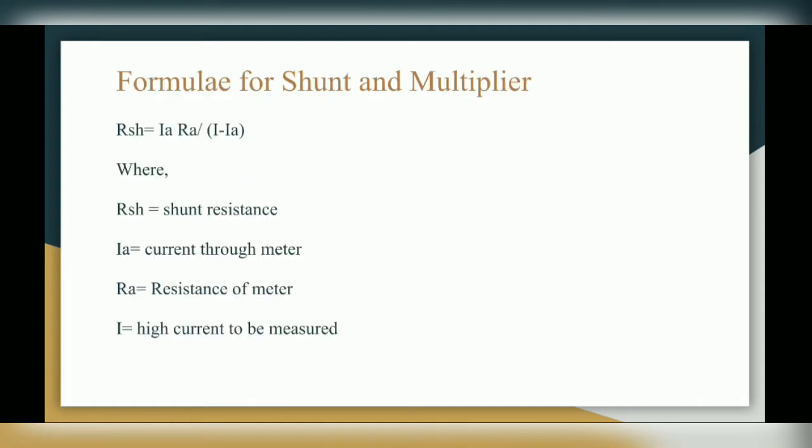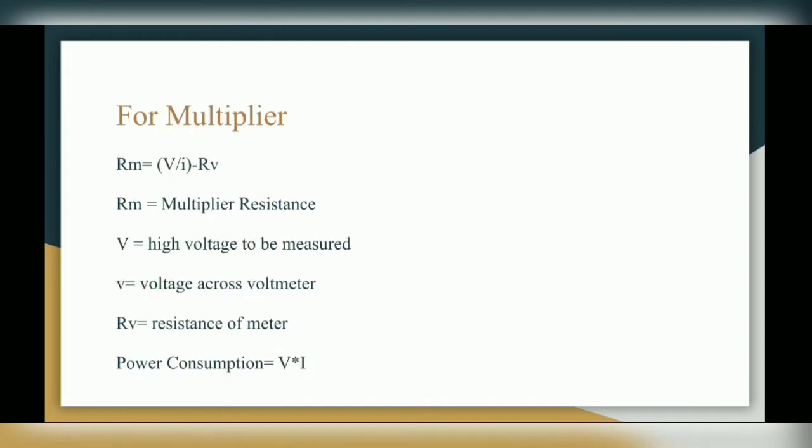Next, the formula for shunt and multiplier. RSH equals IRA upon I minus IA, where RSH is shunt resistance, IA is current through meter, RA is resistance of meter, and capital I is high current to be measured.